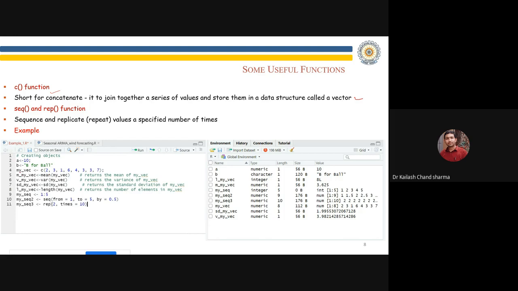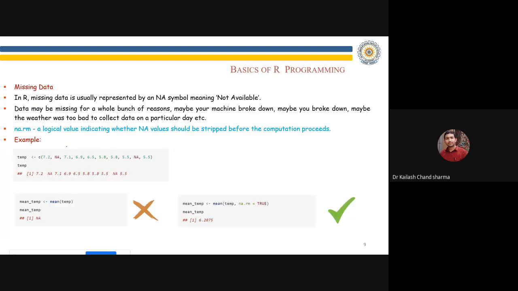I can define my vector using c for combine. To return a sequence, we can use 1 to 5. For repetition, for example 2 repeated 10 times, we can use the repeat function.